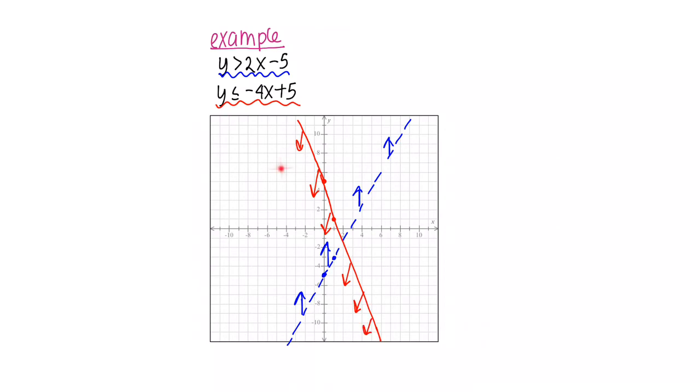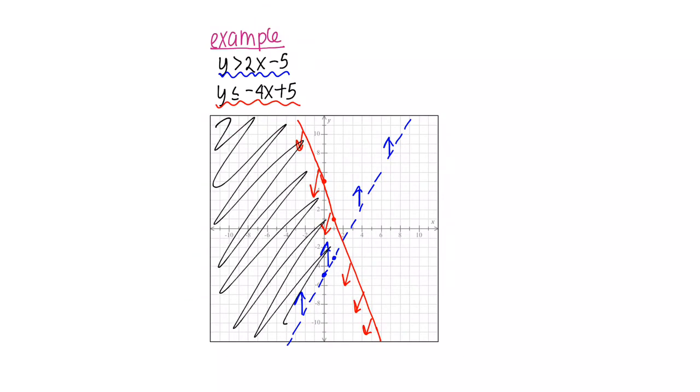If you notice, this region here is the region that has arrows on both of its lines. These are up arrows here, here. So this is the region that we want to shade. And we're done. I'll do 2 more.